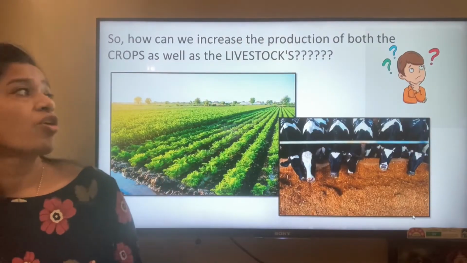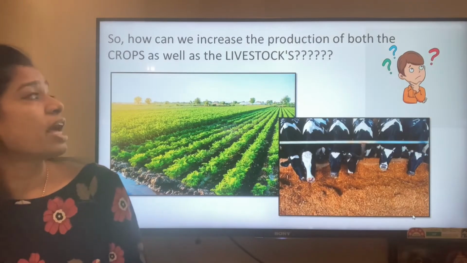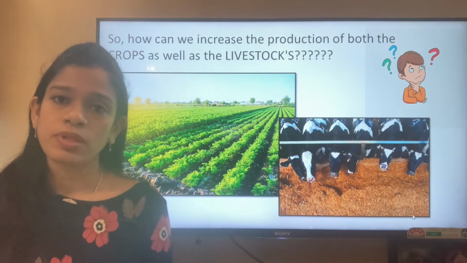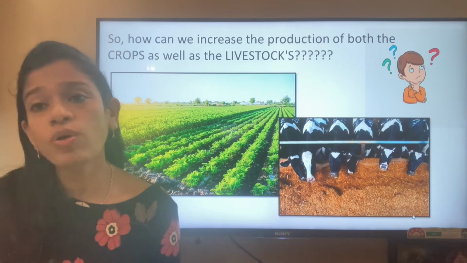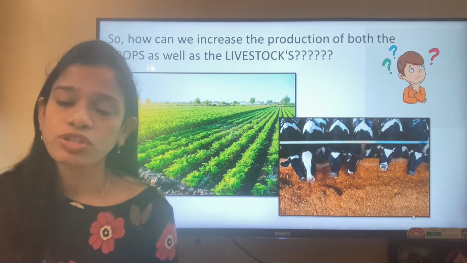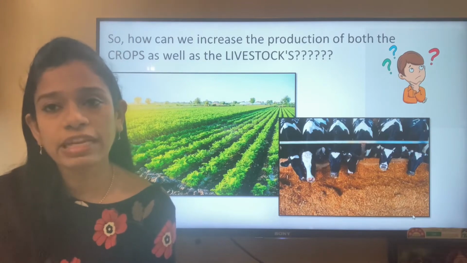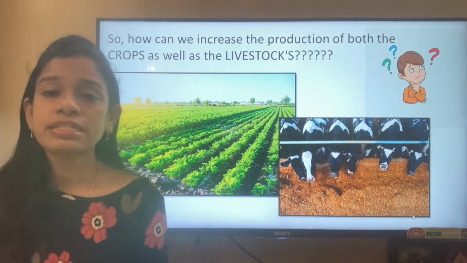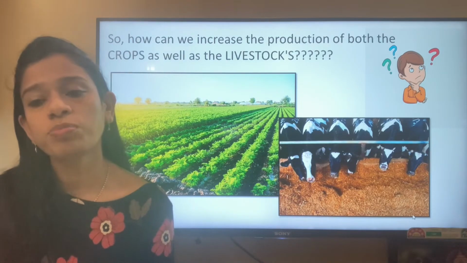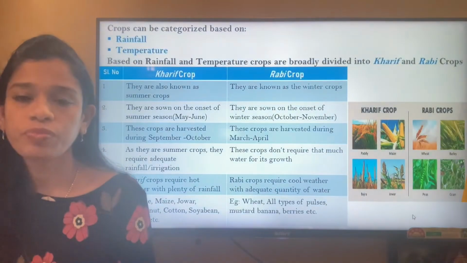So how can we increase the production of both crops and livestock? Then the question arises, how can we increase it? Because I told you that we cannot increase the area of the land. So let's see how we can increase the production of crops as well as livestock.